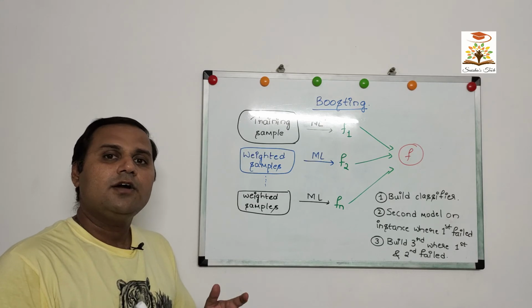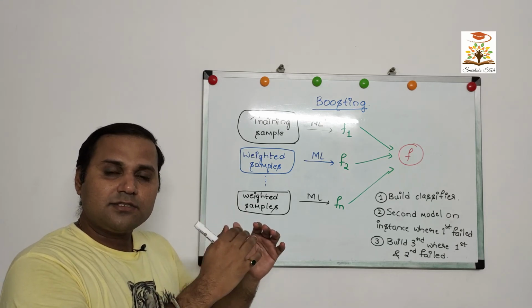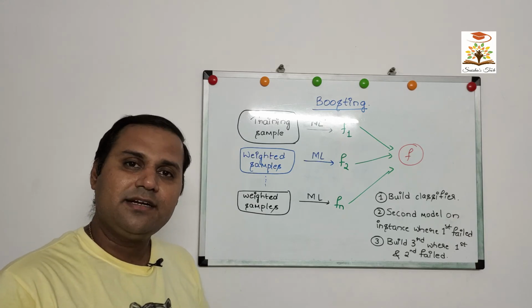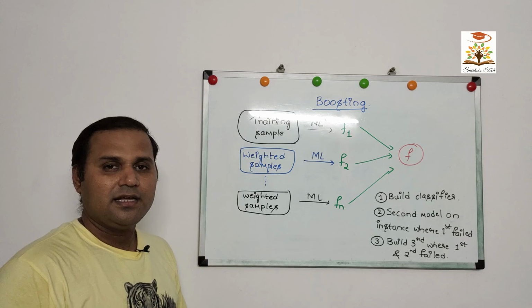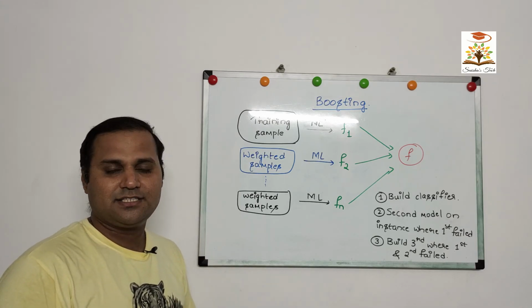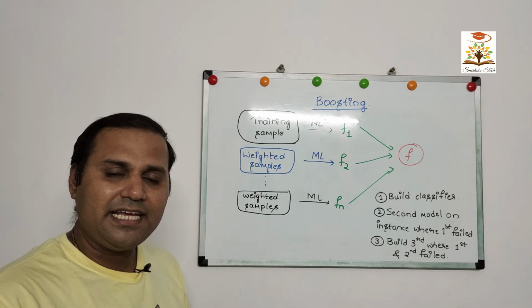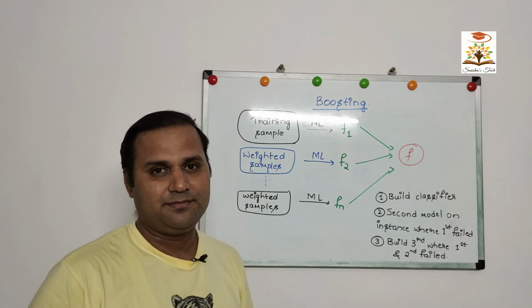Similarly, we build model 3 on those observations on which the first model and the second model have provided inaccurate results. We continue building the models until we achieve our metric, that is either the accuracy or the MAPE.